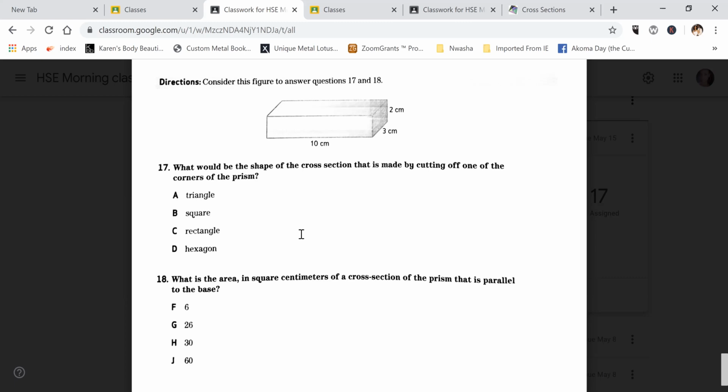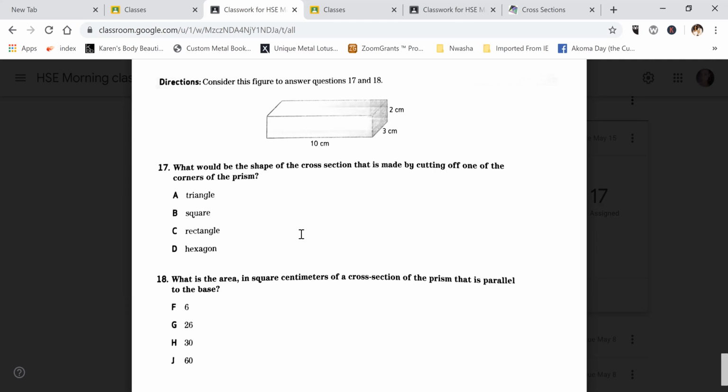But you have to understand parallel to the base means you're slicing off the top or slicing off the bottom. You're going to have the 10 times 3 every single time you cut the shape and get a cross section. You're going to have the bigger rectangle. Now, the other things are, if people don't understand what they're asking about cross-section, right?